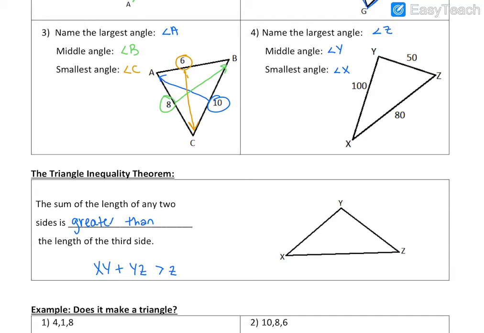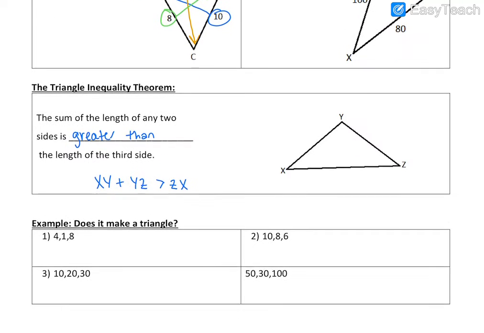Now, if we were in class, I have a pretty good demonstration to show you why. But if you take your two shorter sides and stretch them out as far as they can go, if they cannot connect to that third side, then it's not going to work. So if those two sides together are shorter than that third side, then you'll never be able to reach to form that triangle. It might be very hard to describe what I would show you in class.